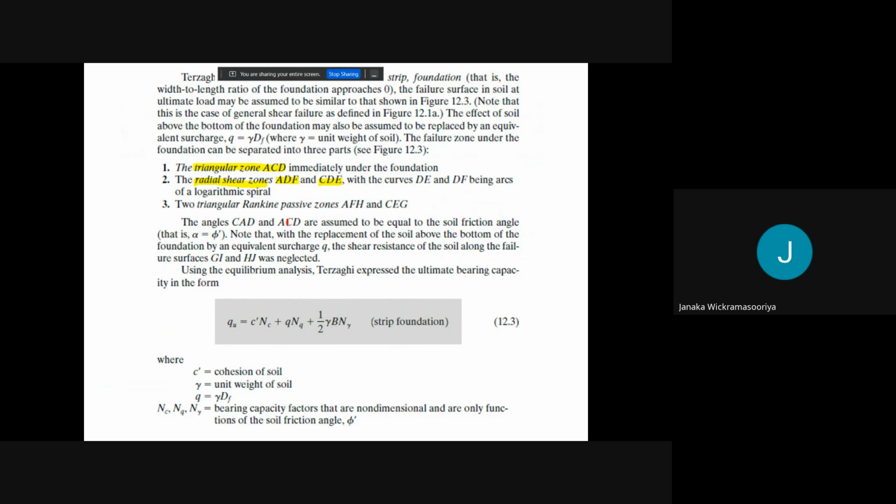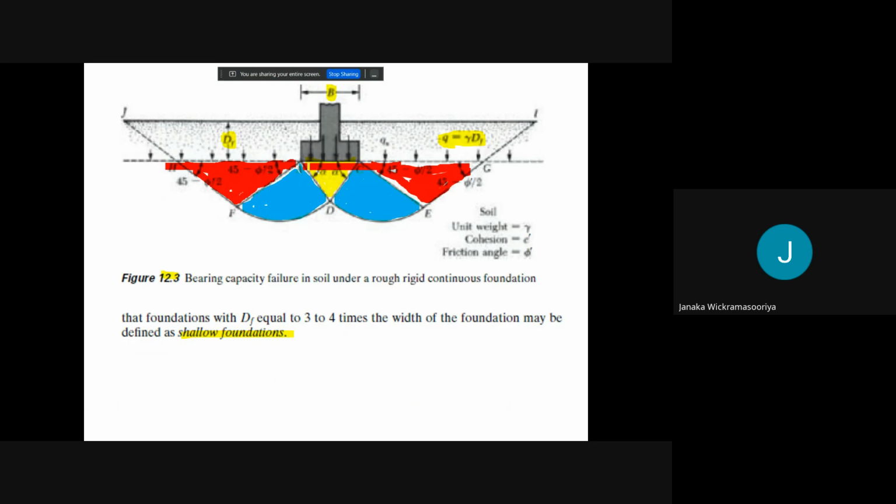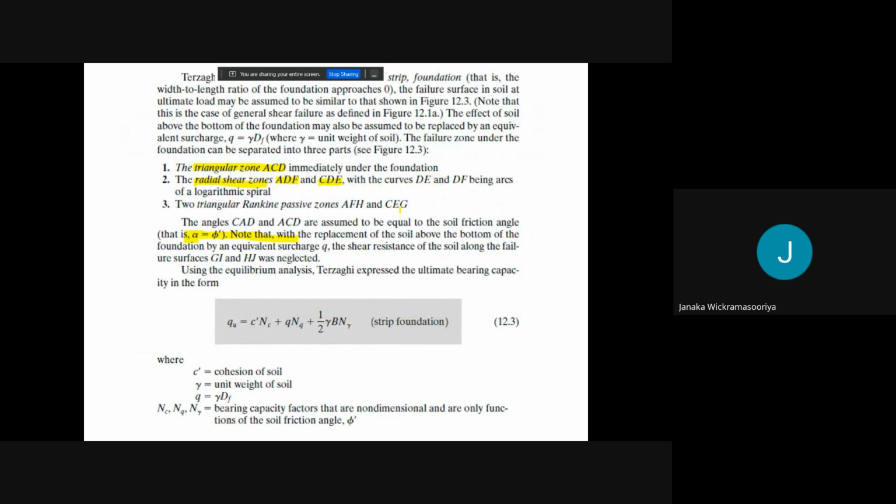The angles CAD and ACD are assumed to be equal to the soil friction angle, phi. And those 3 parts are here.